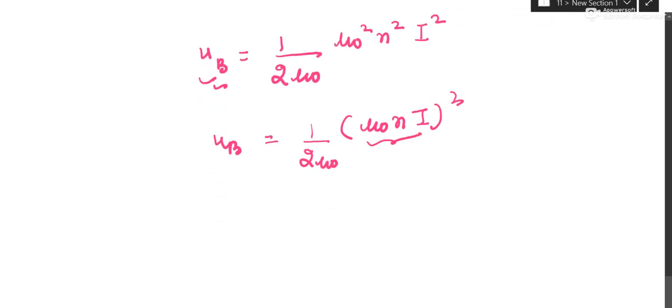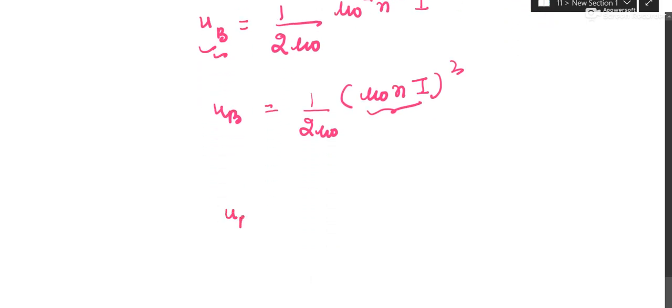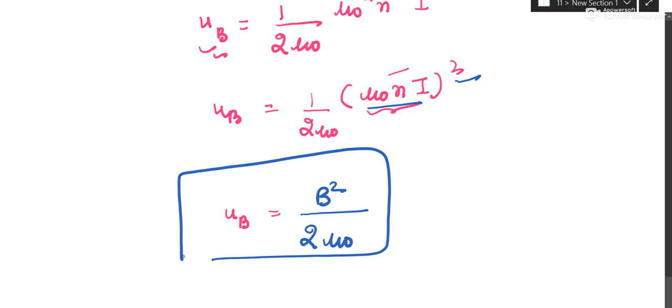This is the magnetic field of the solenoid. So energy density is equal to, this is B of solenoid. So let us substitute. This is B square of solenoid. This is B square upon 2 mu naught. So this is the formula of magnetic potential energy density in terms of magnetic field.